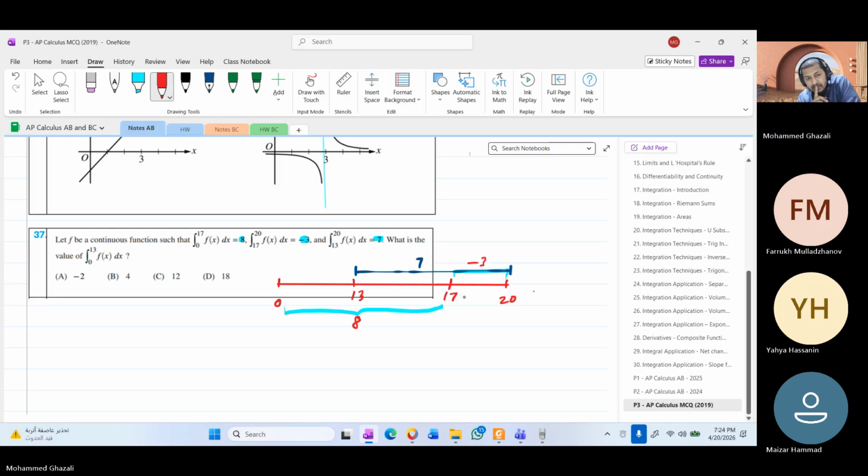All right, what if we try to break up all the areas in pieces? Integral from 13 to 20 minus the integral from 17 to 20.